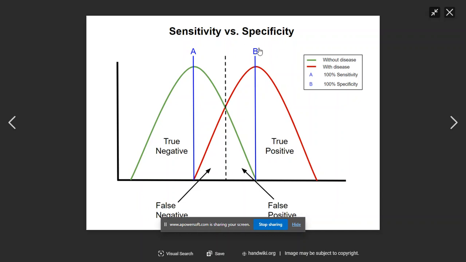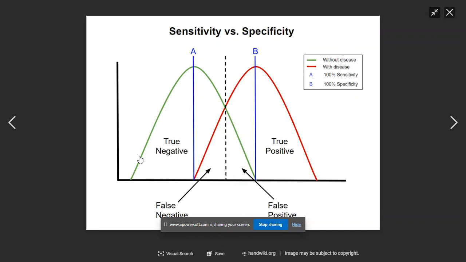In a 100% specificity test, everyone classified as diseased really has the disease, because the specificity test says I want to catch all the negative ones. I don't care how many false patients I tell that they are negative.